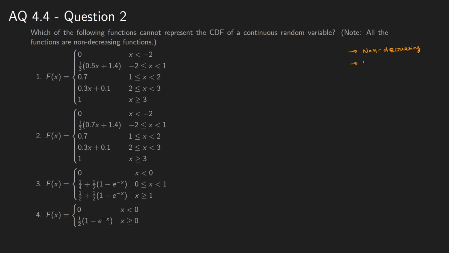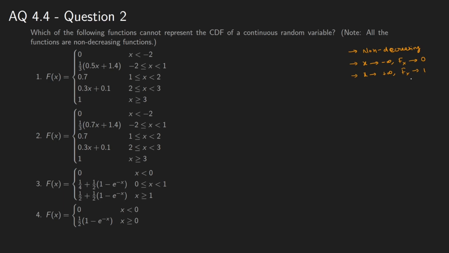The second was that as x approaches minus infinity, the value of the function should approach 0. And the third was that as x approaches plus infinity, the value of the function should approach 1. These were the three conditions required for any function to be a valid CDF.